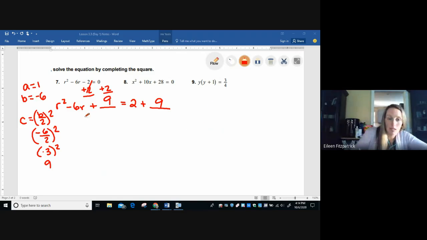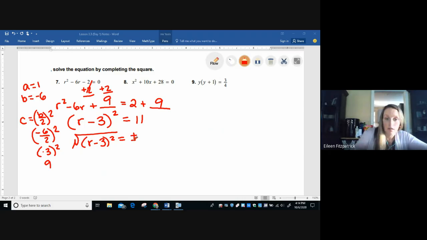Then the steps that used to be written here said to factor. So factoring the left-hand side, it's always going to be a perfect square trinomial. It's r minus 3 squared equals, and then add the 2 terms over here, 11. Now we solve by square root because we want to get r alone, but it's stuck inside the parentheses because of that square. So take the square root of both sides.